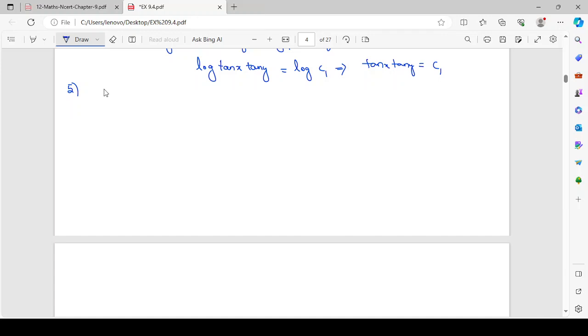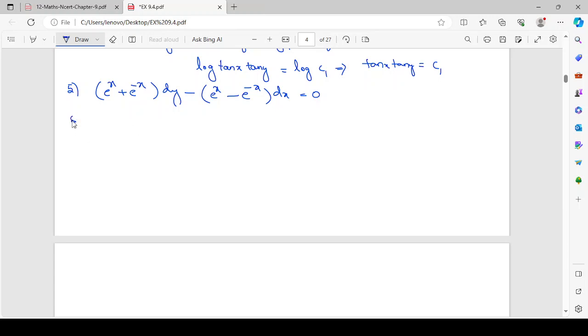Question number 5. The solution of the differential equation (e^x + e^-x) dy - (e^x - e^-x) dx = 0.